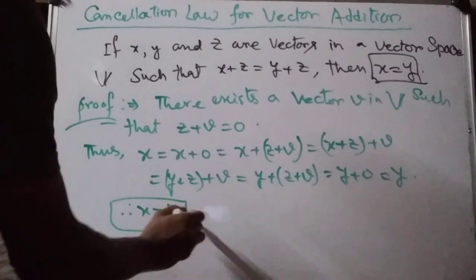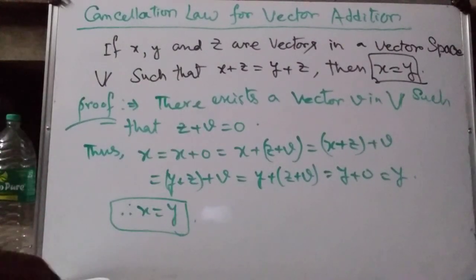We obtain this result: x plus z equals y plus z implies x equals y. Cancellation law for vector addition is easy and we discussed it in a simple way. Not a problem at all.